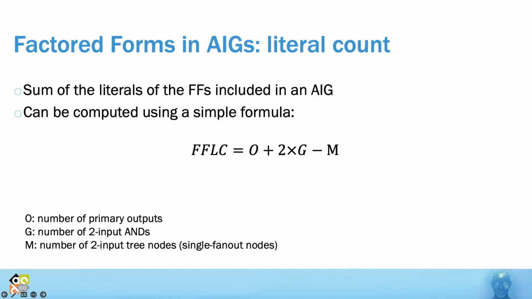But actually, there is a much simpler formula to describe factor form literals in an AIG. And this depends on the number of outputs, on 2 times the number of 2-input gates, minus the number of 2-input tree nodes, where the tree nodes are the nodes with single fan-out.